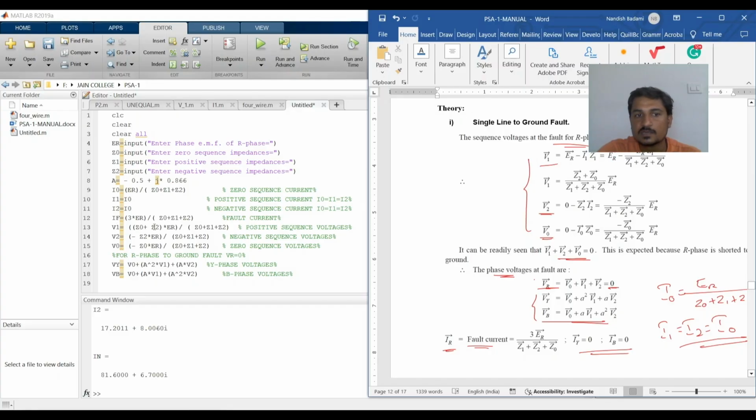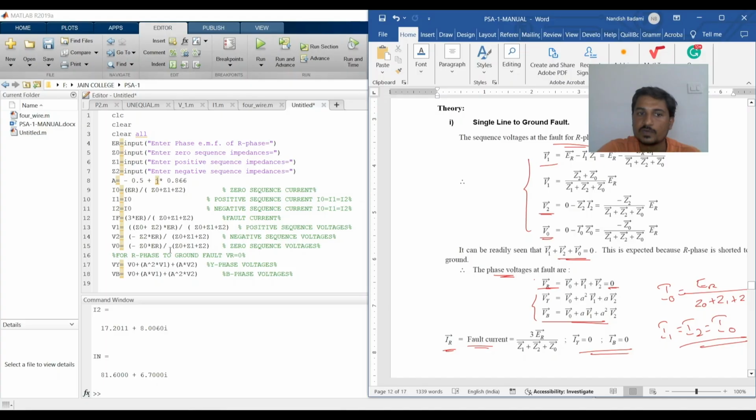To write this equation, we have taken the LCM of these two equations, where ER into Z1 gets cancelled. We are left with Z0 plus Z2 into ER divided by Z0 plus Z1 plus Z2. The value of V2 is minus Z2 into ER divided by Z0 plus Z1 plus Z2. Similarly for V0, minus Z0 into ER divided by Z0 plus Z1 plus Z2.